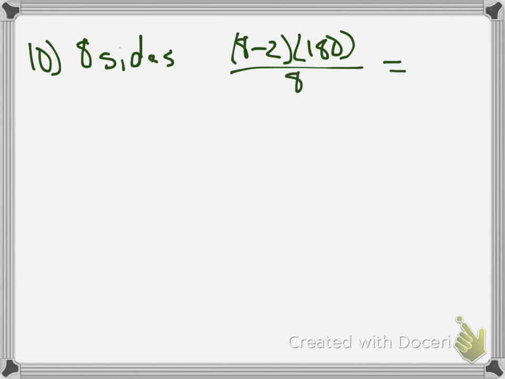I would hit Control Divide and type this in like you see on the screen, all at once. When you type it in, you get 135 degrees. An easy peasy type of question.